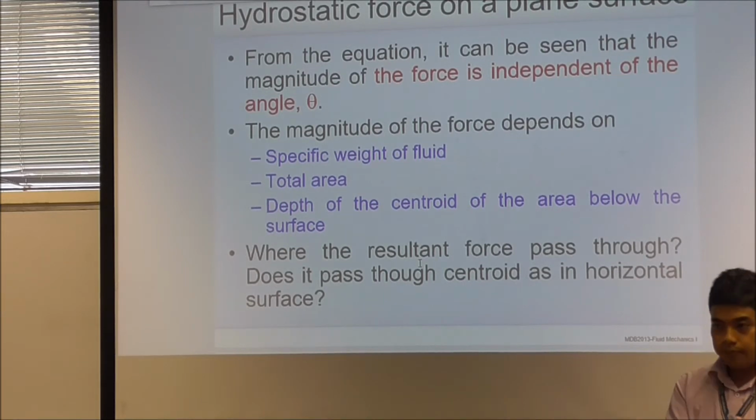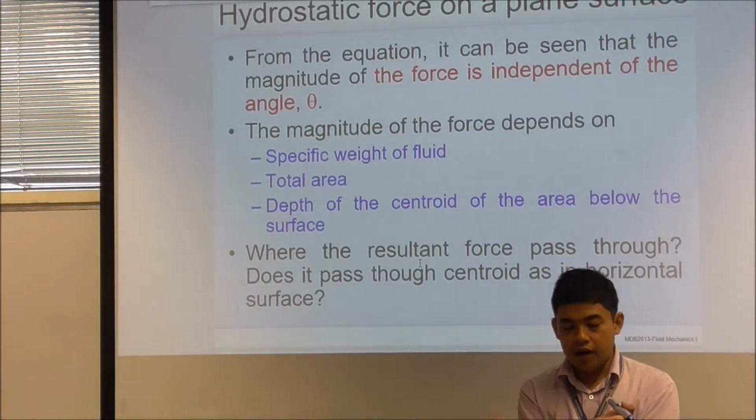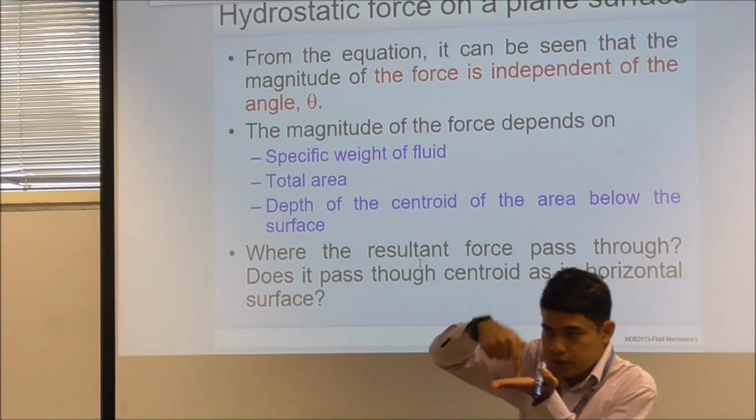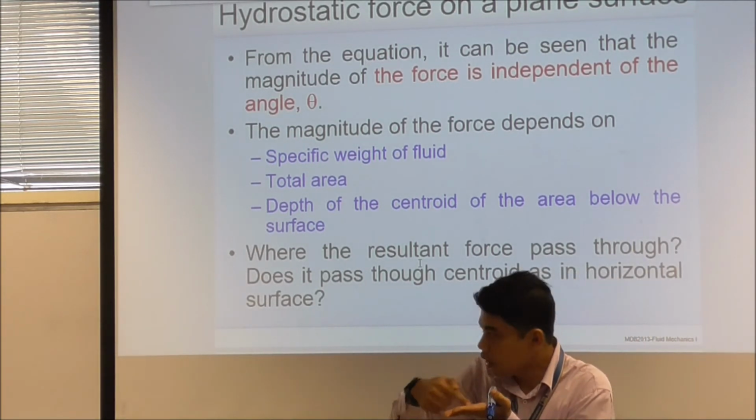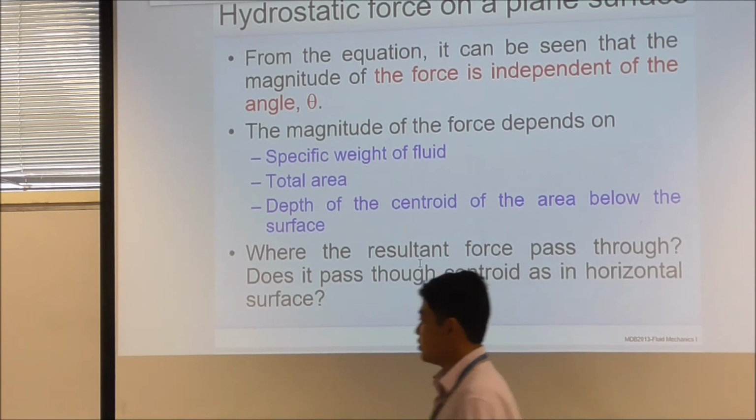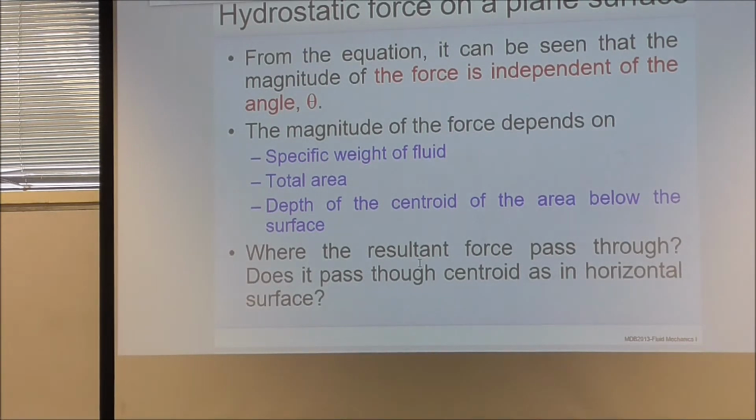For the horizontal plate, you know that the FR is working exactly on the centroid of the body, right? So if you have a bucket of water, you know that the force will be working at the middle, at the center of it. But now, what happened on the side? Is it working like that?